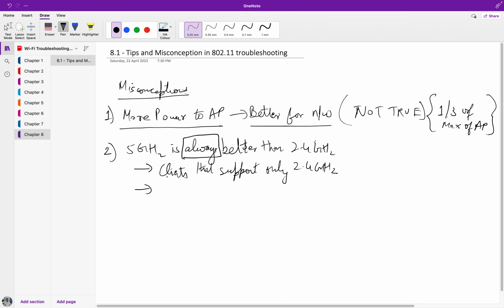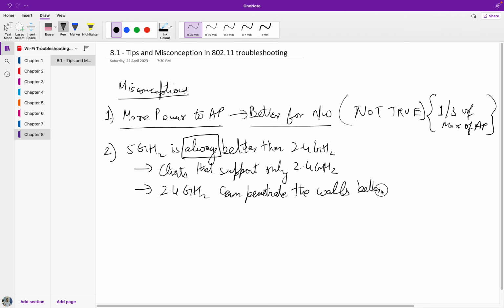Now another point is, in most of the scenarios where the customer is not very keen to spend a lot of money, 2.4 gigahertz radios can penetrate the walls better, right? Because 2.4 has lower frequency, so higher wavelength.